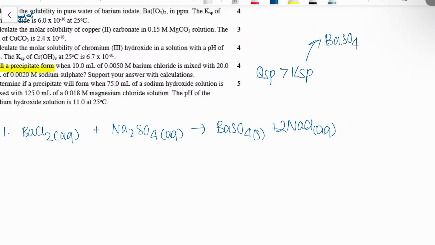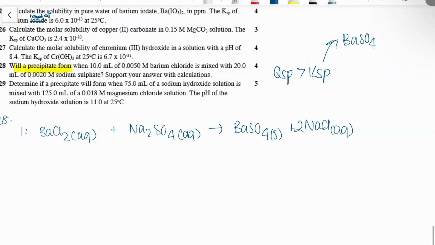And KSP of BaSO4 takes in the barium concentration and the sulfate concentration. So that's what you're determining the concentrations of when you mix it together. We really don't care about the concentration of the chloride anymore. And we also don't care about the concentration of the sodium anymore.